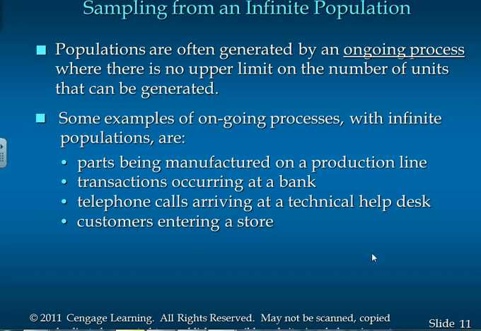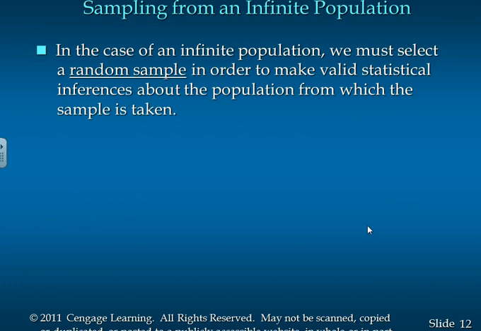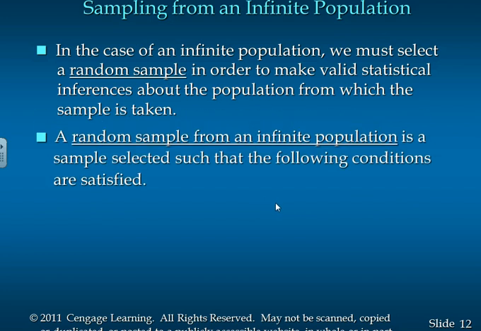Customers entering a store. Sampling from a finite population. You must select a random sample from an infinite population. Otherwise, we've hosed ourselves. So I can't sample everyone who has their name starting with A. That won't work. Random sample.